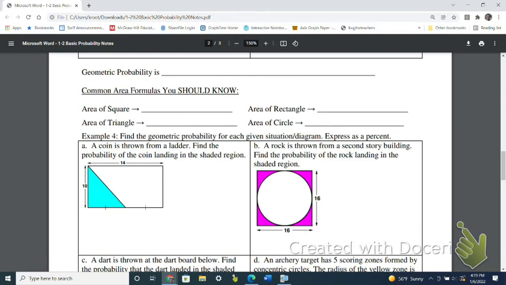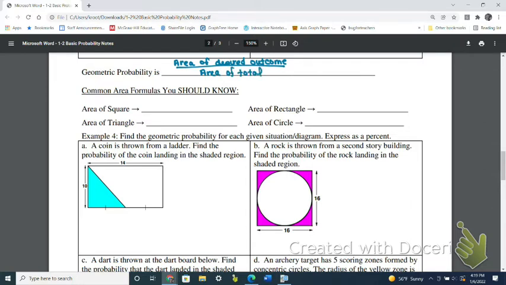Geometric probability is, so here's our way of finding it, area of desired outcome, whether that's shaded, not shaded, however they describe it, but what am I looking for, over the area of the total outcome.